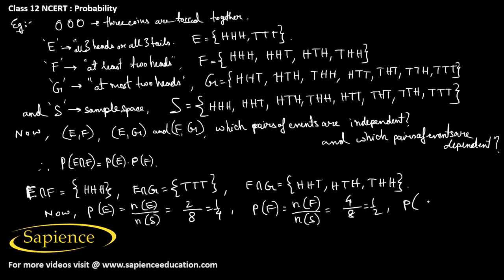And the probability of the event G is equal to the number of elements in G divided by the number of elements in S. So the number of elements in G is 7, so 7 by 8.